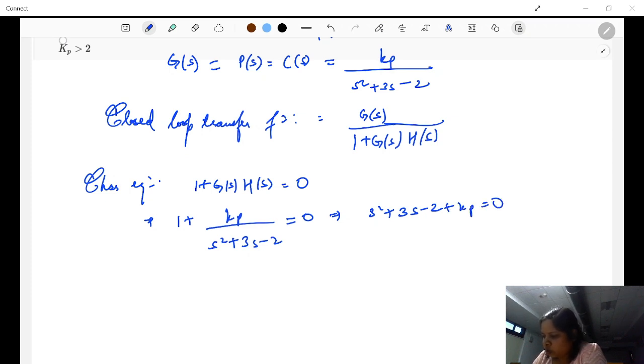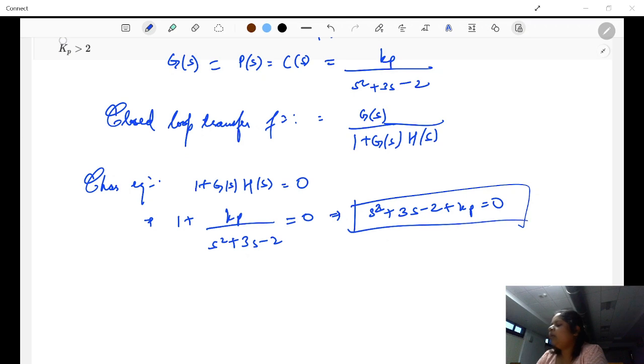Okay. So this is again just a second order polynomial, and checking if the polynomial is Hurwitz or not would help us determine the stability of the system. We really do not need to go for Routh-Hurwitz because it is a second order system, and we know very well that for a second order system, checking if the polynomial is Hurwitz or not would give us the necessary and sufficient condition.